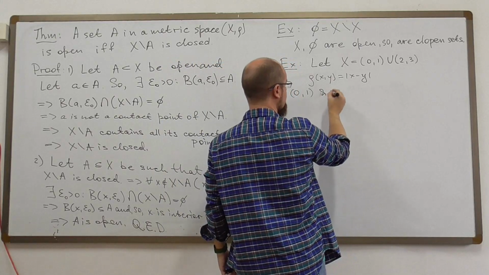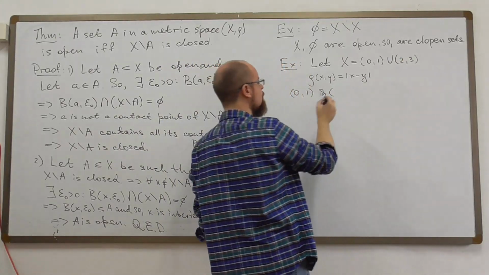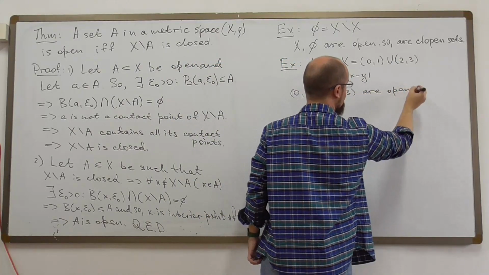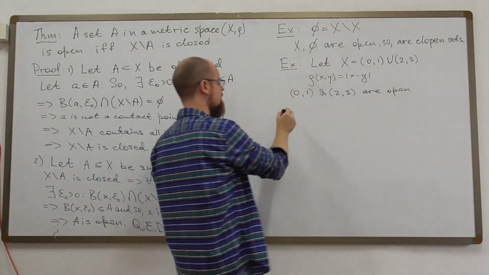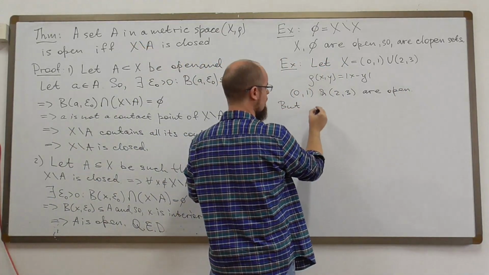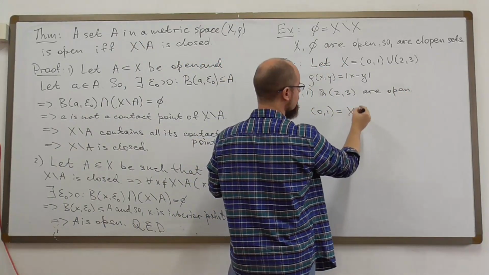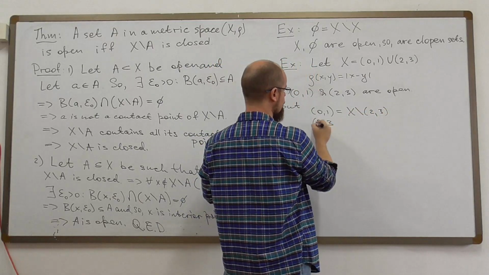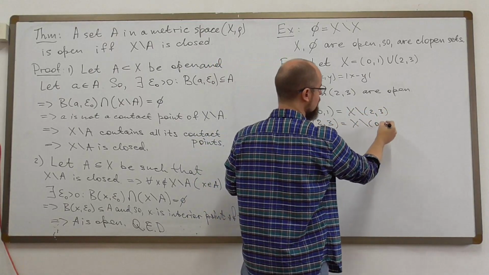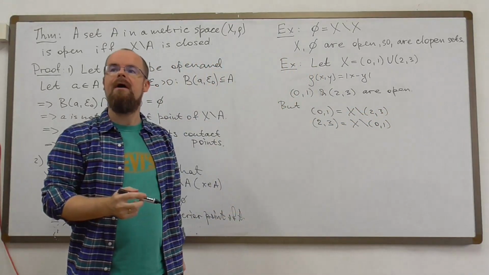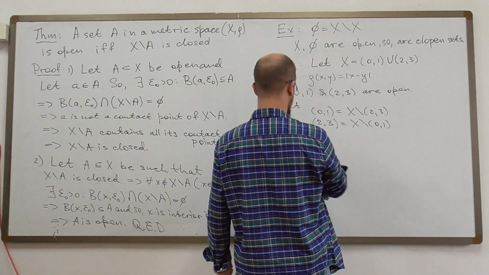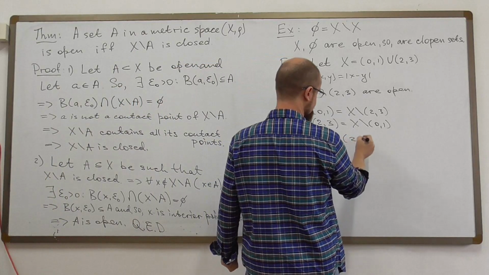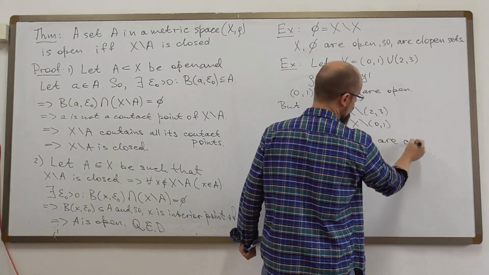And the same for the interval (2, 3). They are open. But on the other hand, the interval (0, 1) is a complement of (2, 3) in X. And the same is true for (2, 3), which is a complement of (0, 1) in X. So they are closed as well.